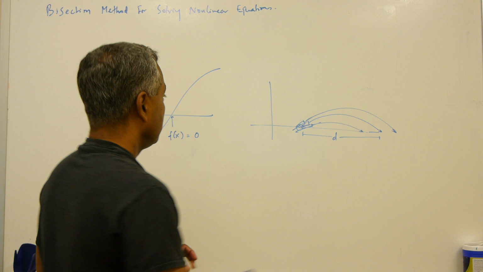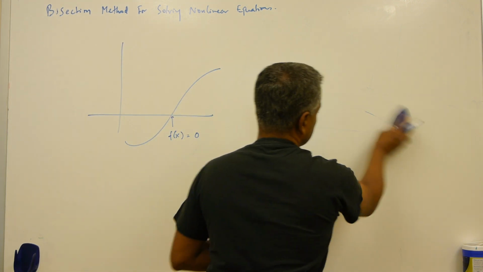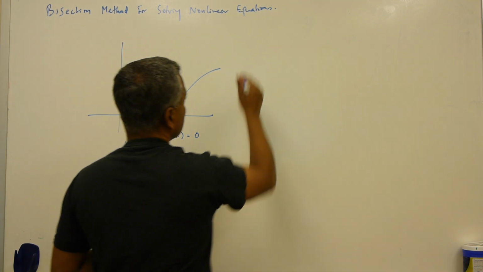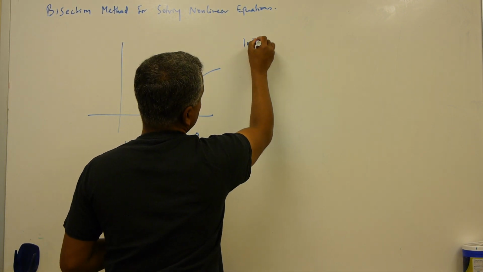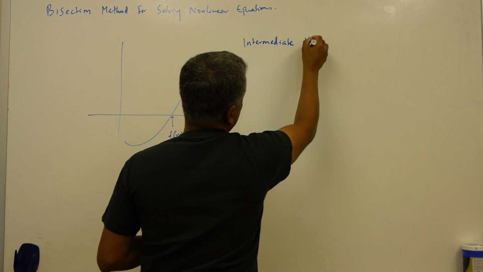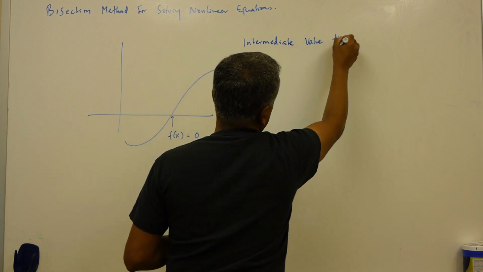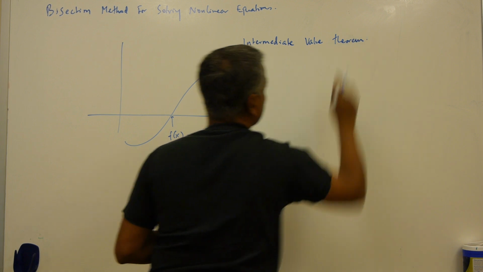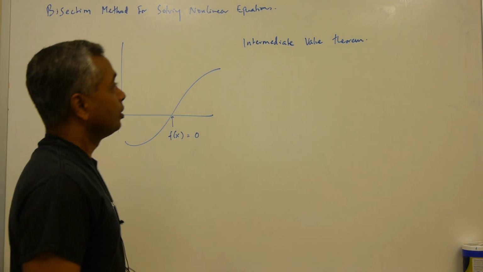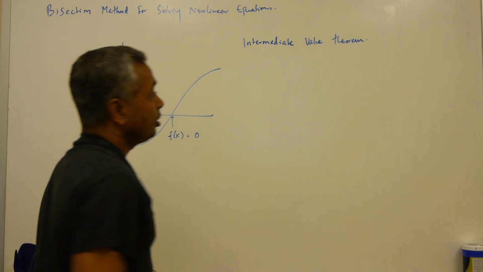All right, so let's start with some basics. So the bisection method is based on something called the intermediate value theorem. Okay, so let me give you an intuitive feel for this theorem, and then I will give you a mathematical statement of this theorem. So the theorem goes something like this.